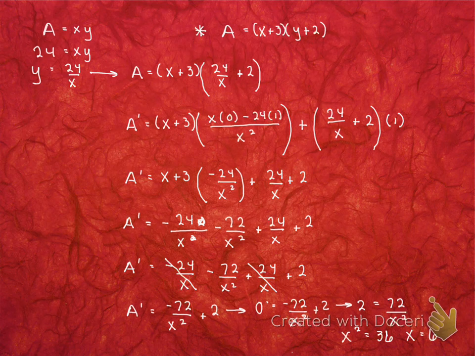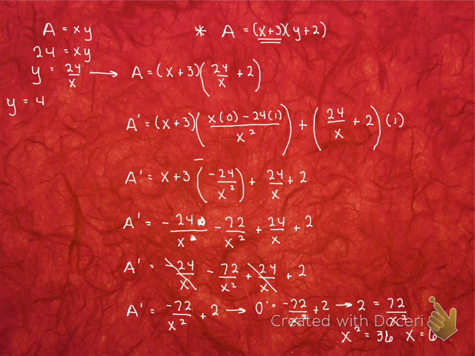So if x is equal to 6, we're going to come back up to the y equation and say y is equal to 24 divided by 6. So y is equal to 4. Okay? So the dimensions of the page would be x plus 3 up here, x plus 3, and x is 6.